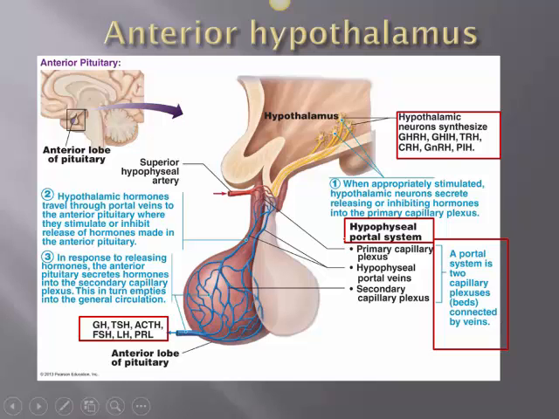The reason it is called portal system, if you remember when we did the circulatory system, there was that portal vein which was formed by the splenic and the superior mesenteric vein.